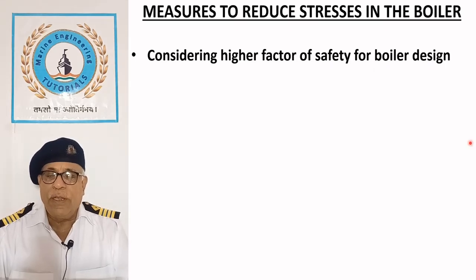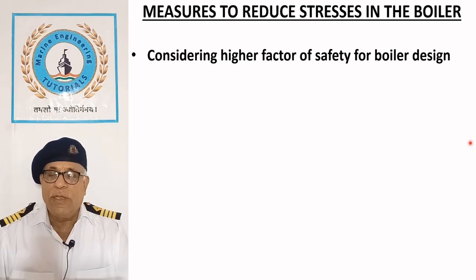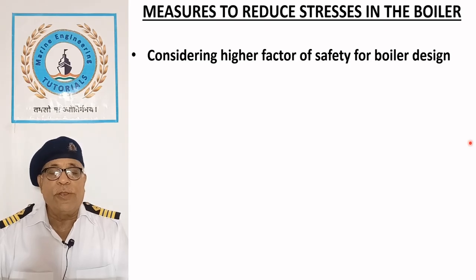For boiler safety, the shell is therefore designed to withstand the higher stress, that is, the circumferential stress. A minimum factor of safety of 6 is taken to allow for material wastage due to corrosion and for possible lack of homogeneity in the material.